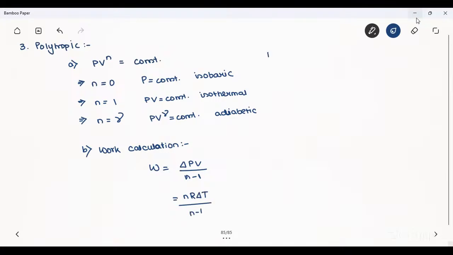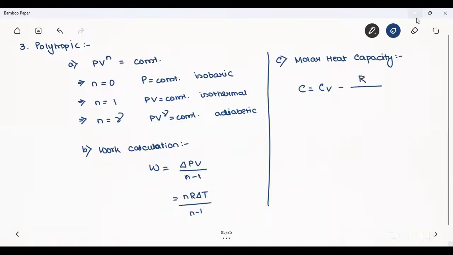And for the same polytropic process, what was the molar heat capacity formula? C is equal to Cv minus R by n minus 1.